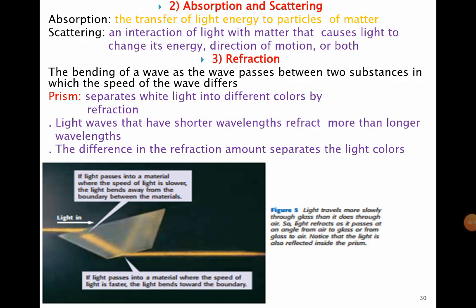The second type of interaction is absorption and scattering. What is the meaning of absorption? The transfer of light energy to the particles of matter. How?